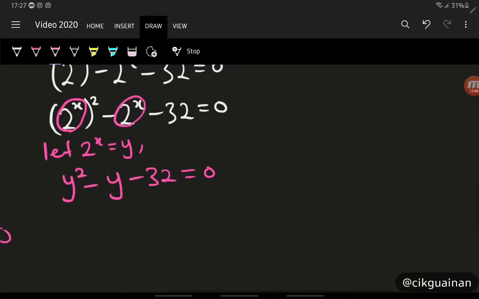Now 32 can, what? For this one, 1 times 32, 2 times 16, 16 is 4... Oh, cannot. 4, 8. Can this even be solved? It seems like it can't.